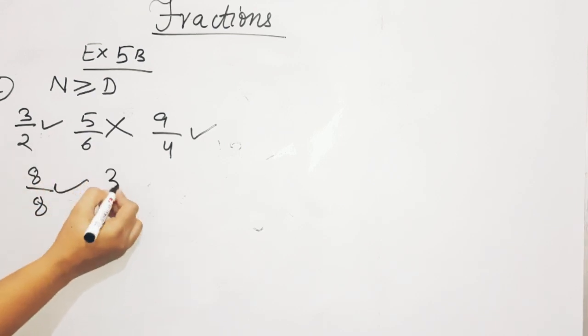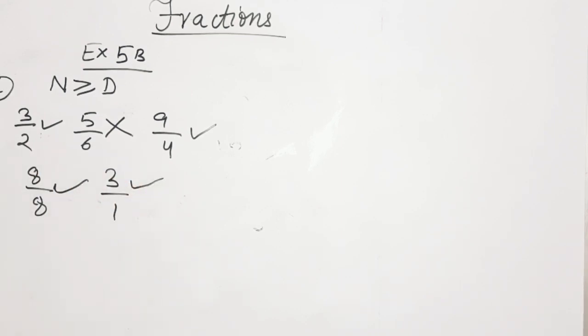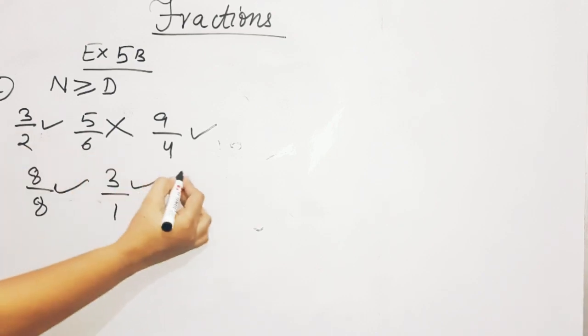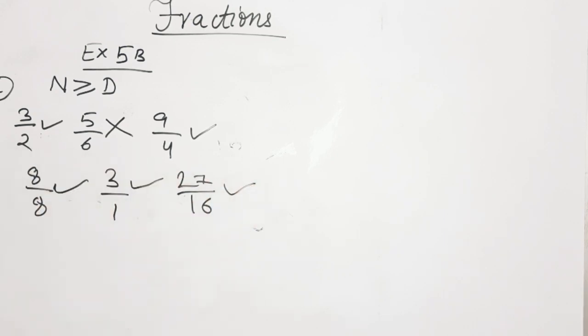Next option 3/1, it is also an improper fraction because the numerator is greater than the denominator. Now 27/16, obviously it is also an improper fraction because the numerator is greater than the denominator.